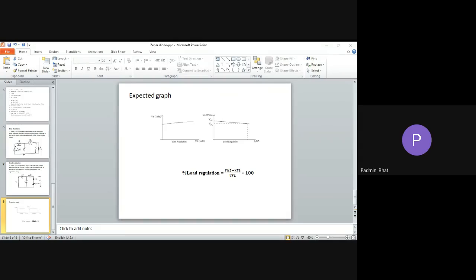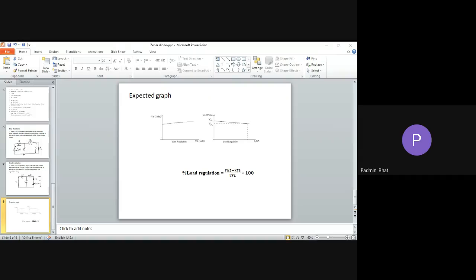Karthik? Yes, ma'am. Tell me, Karthik. It varies, ma'am, because it depends on the doping concentration of the Zener diode. Exactly, and also on how I design my Zener diode. Now I have shown you, we have designed it for 4.7 volt.